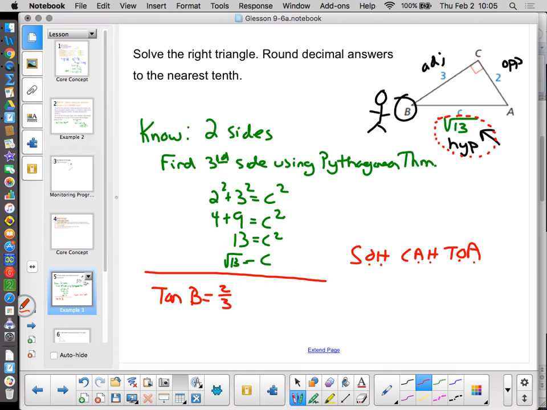So in order to find the angle, I'm going to have to use the inverse function because the angle is unknown. Tangent inverse of 2/3 equals the angle B. And I get out my handy-dandy calculator. Second function tangent, 2/3, gives me the angle is about 33.7 degrees to the nearest tenth.